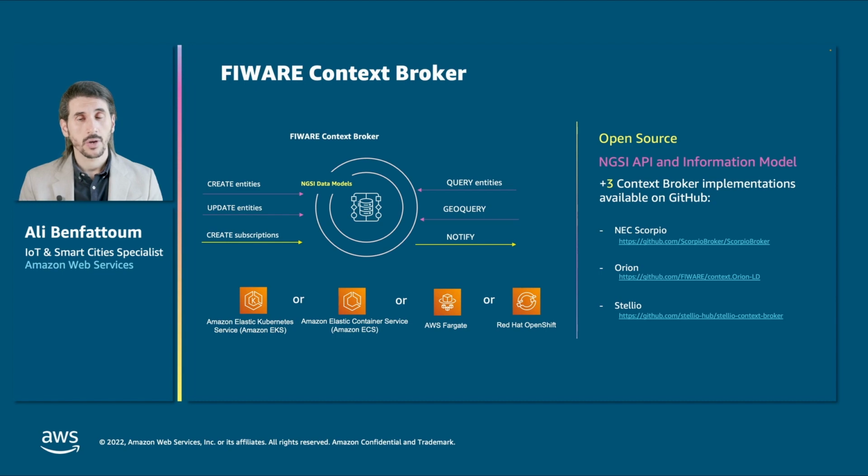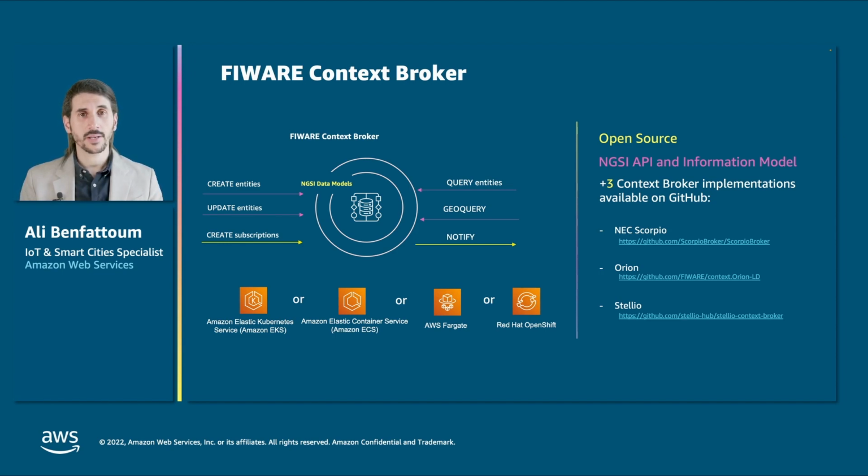Territories can choose among the different implementations of the context broker available on GitHub, like NEC Scorpio, Orion, or Stelio, and they can run them using AWS container services like Amazon ECS or Amazon EKS in the cloud. They can also use ECS and EKS Anywhere to run them on-premise.